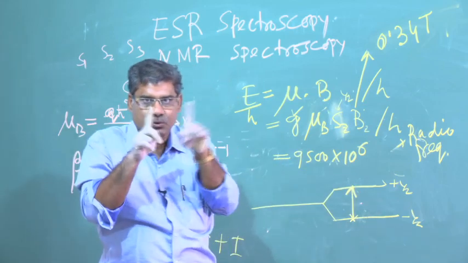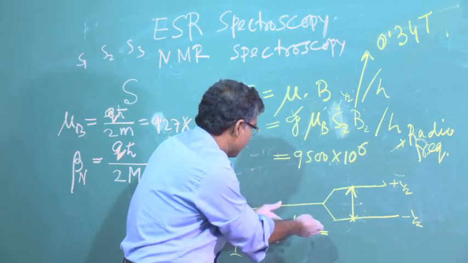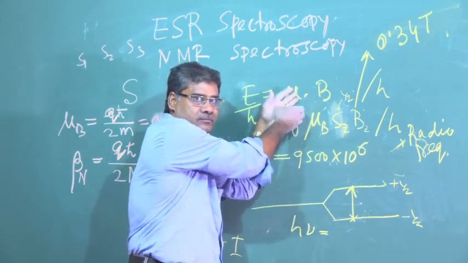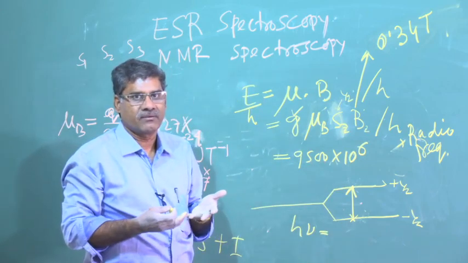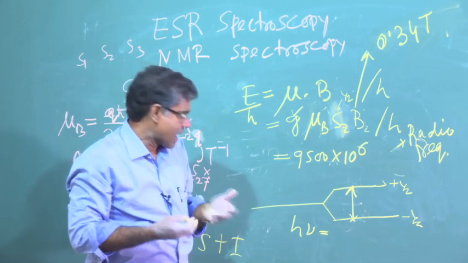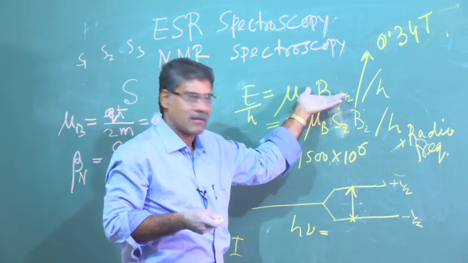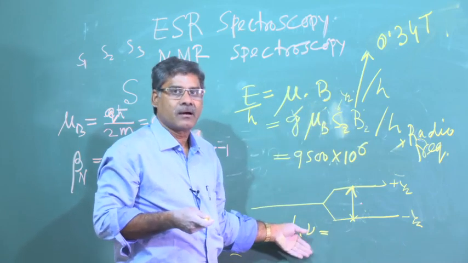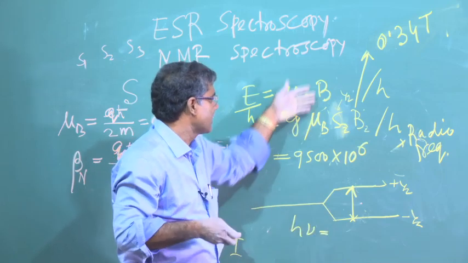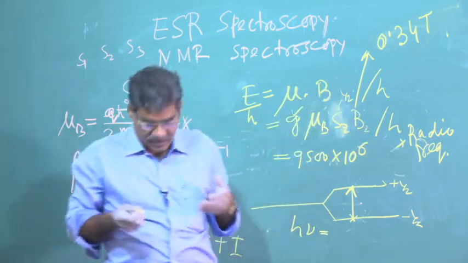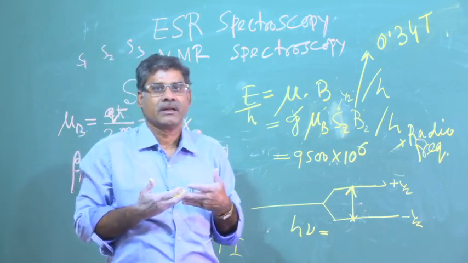When h nu is equal to this energy E, the magnetic interaction energy, then there will be resonance. One knows how much magnetic field you have applied, and at which frequency resonance is coming. So, that is known to you. Then you can study the effect of electron spin or the effect of nuclear spin.